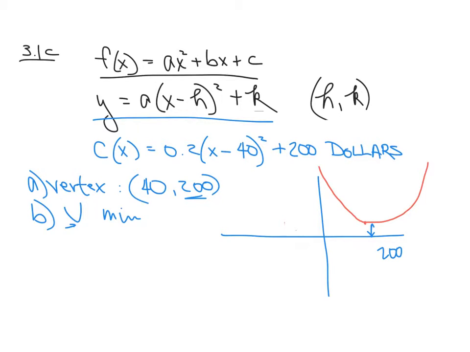So what does that mean? That means the cost for producing these golf hats is decreasing. The more of these I produce, the less per hat it's going to cost me.